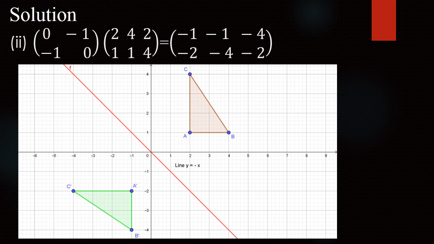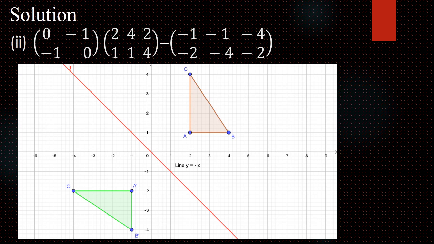We also have the matrix 0, negative 1, negative 1, 0. When you multiply this with our object 2, 1, 4, 1, 2, 4, we get the image as negative 1, negative 2, negative 1, negative 4, negative 4, negative 2.